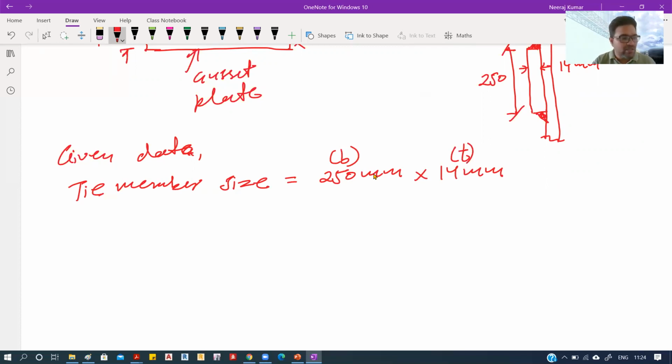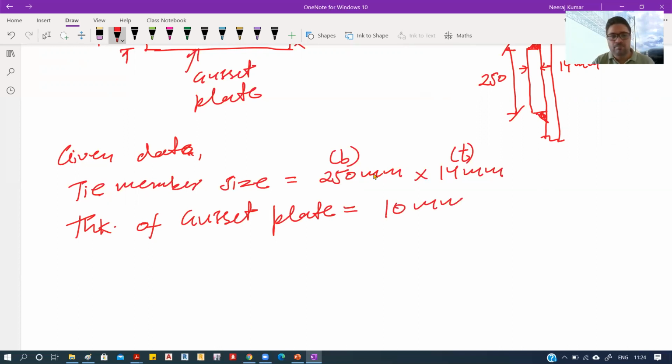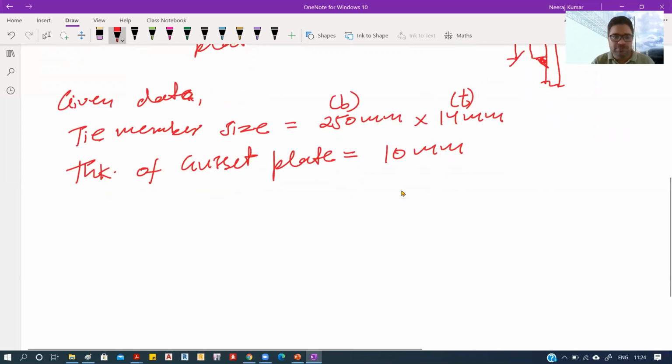Similarly, another data which is given is the thickness of gusset plate. It is given there, which is 10 mm. Then the next thing which is given here is the overlap of member.